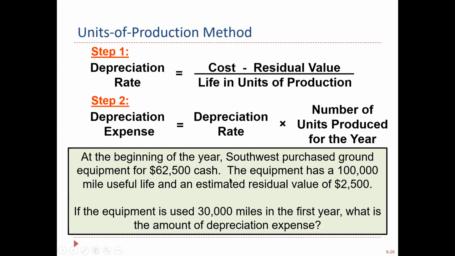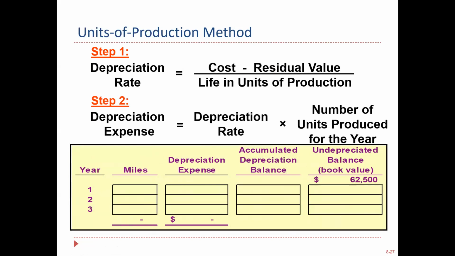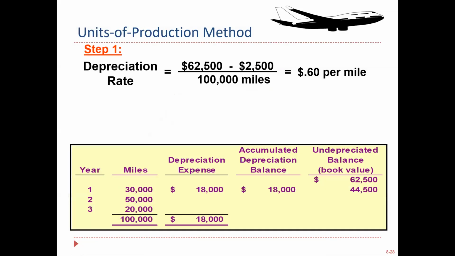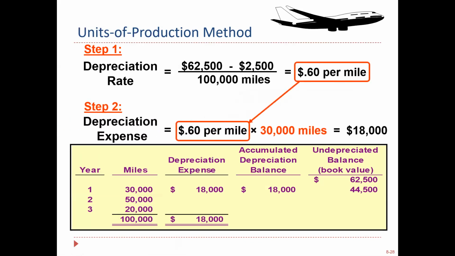So we go $60,000 divided by 100,000 miles. I kept saying 30,000.